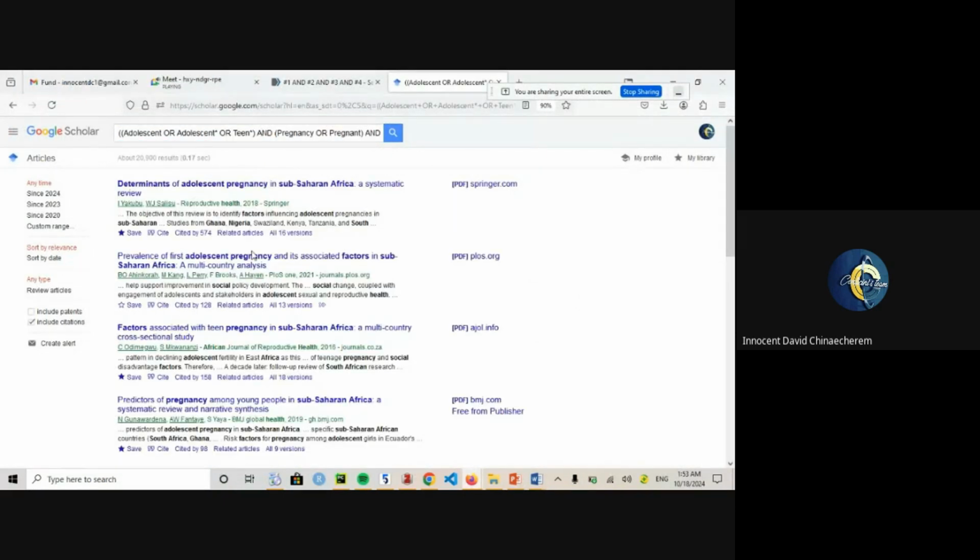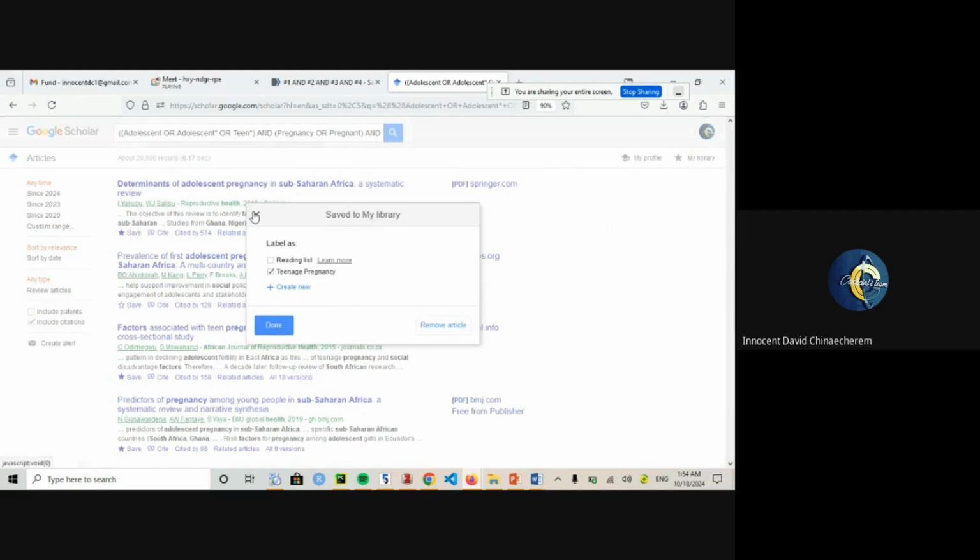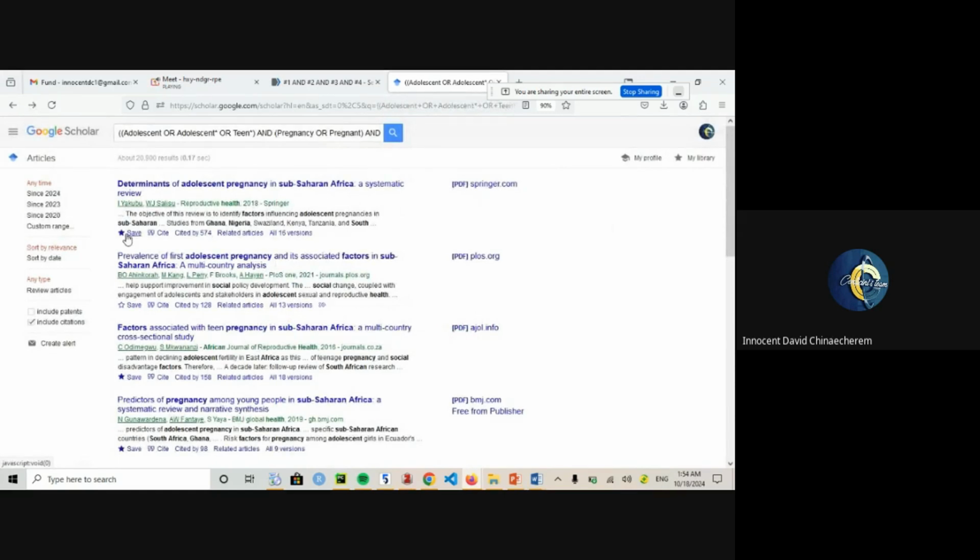Cool. Fine. Now, what I want us to do is for you to screen for articles here from Google Scholar. What you just need to do is simple. You could just click on save. Now I'm going to create another folder for this, but I've already created a folder.